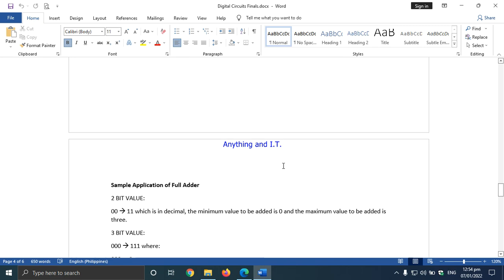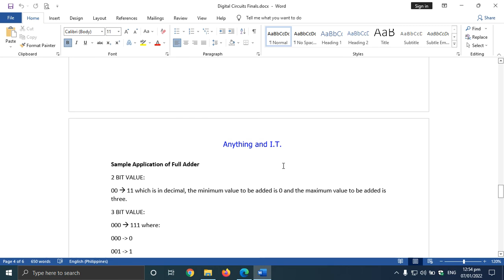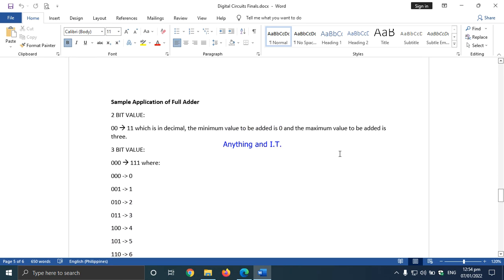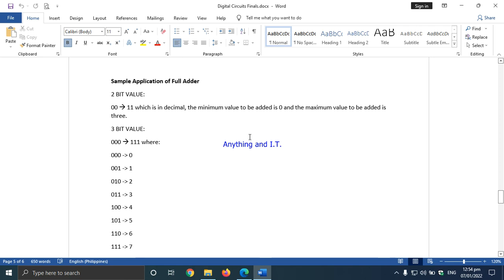So for sample application ng half adder and full adder circuit natin, I would like to emphasize yung sinasabi ko kanina, pag half adder, 2-bit value ang ina-add natin. So the minimum, yung possible na i-add natin is 2 bits lang. So that will be from 00 to 11 kasi nga 2 bits lang. Okay?